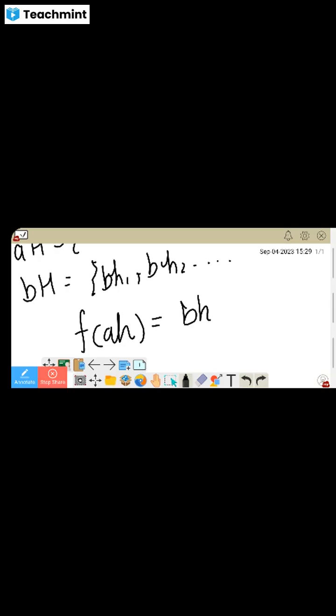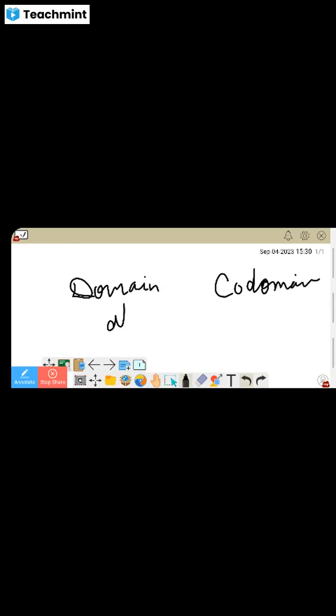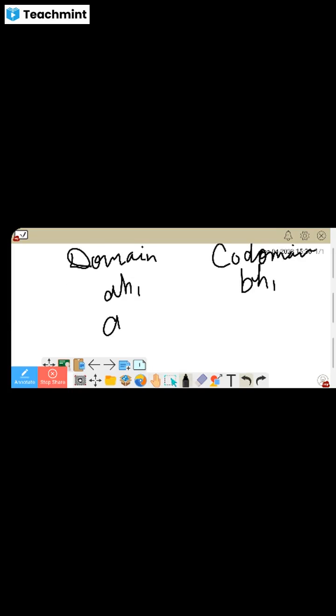Here we are taking domain and codomain. Domain means input and codomain means output.